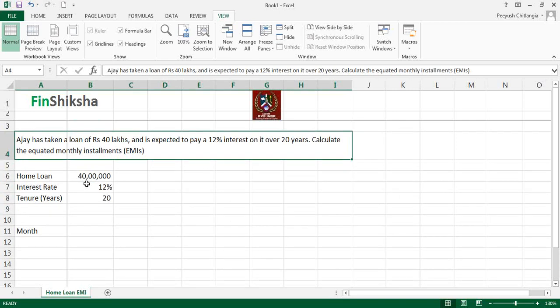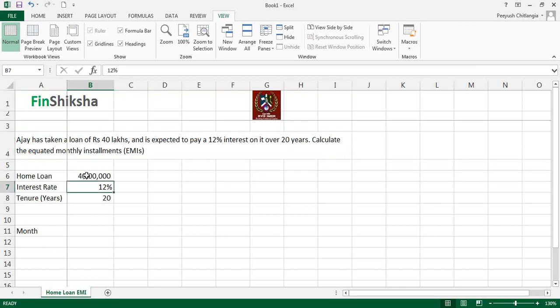Calculate the EMIs, equated monthly installments. So 12% interest, 40 lakh principal. Tenure is 20 years, and tenure has to be written in terms of months: 20 multiplied by 12, that's 240 months, right?